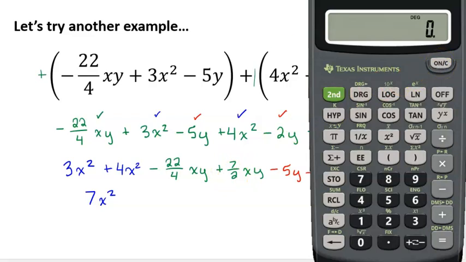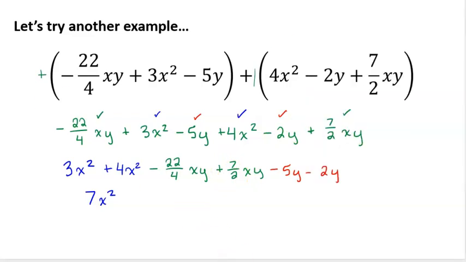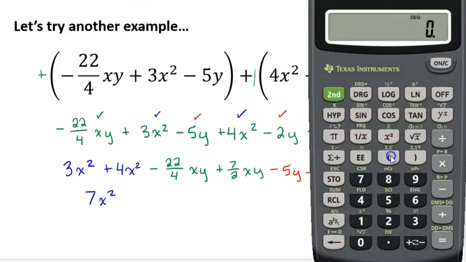So I'm going to use my calculator, and we have parentheses 22 divided by 4, and then we're going to change it to a negative, close those parentheses, plus parentheses 7 divided by 2, close our parentheses, and then press equals, and that gives us a negative 2. And it's that easy. So don't let those problems intimidate you.